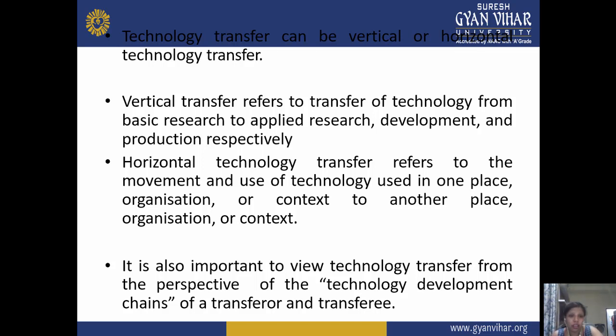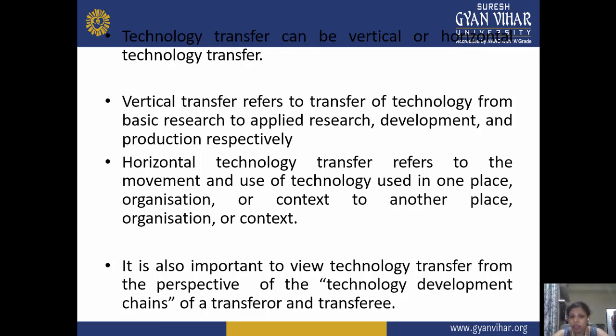Now the vertical transfer refers to transfer of technology from basic research to applied research, development and production respectively. For example, if we are preparing a new product, first it is prepared in the laboratory, or research laboratory.